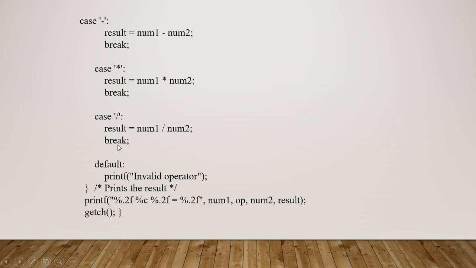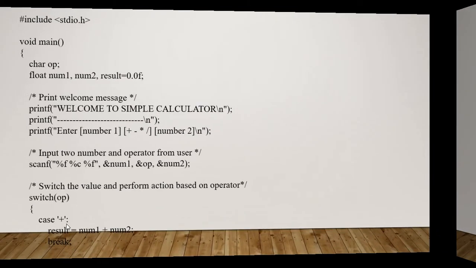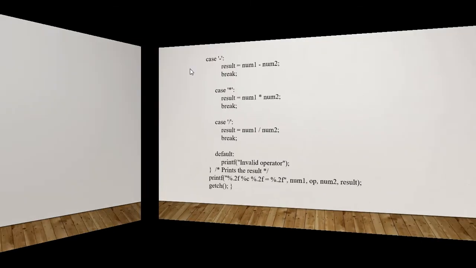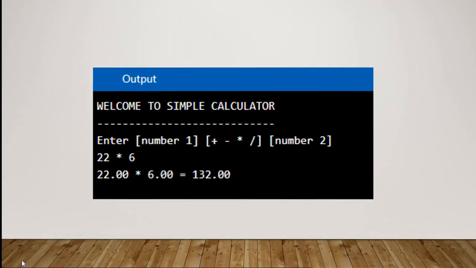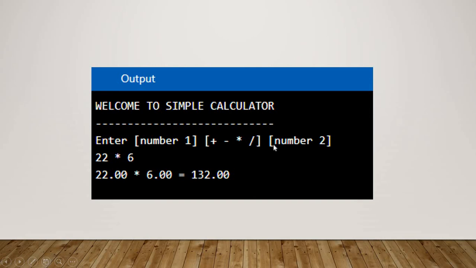That is, all the arithmetic operators we have used: plus, minus, that is addition, subtraction, multiplication, as well as division. If the user enters some other operator rather than these, it will go to my default case. And these are my printf statements.